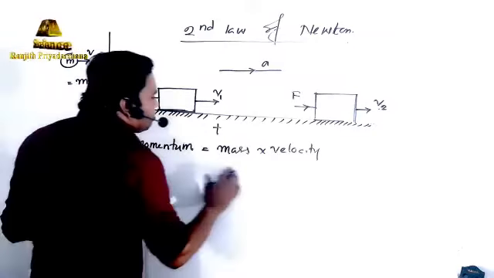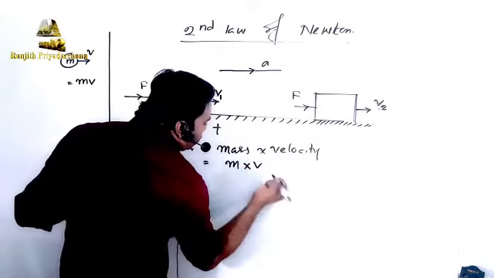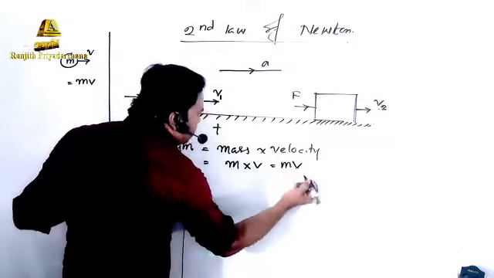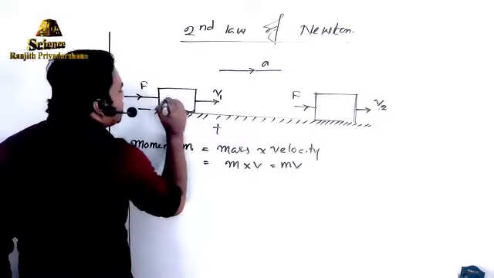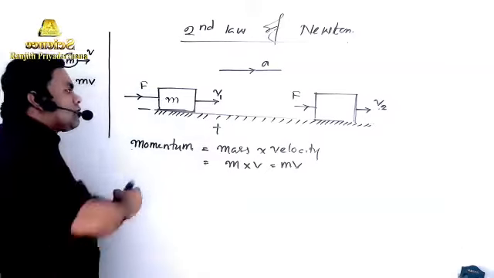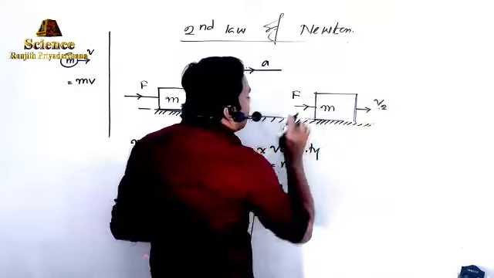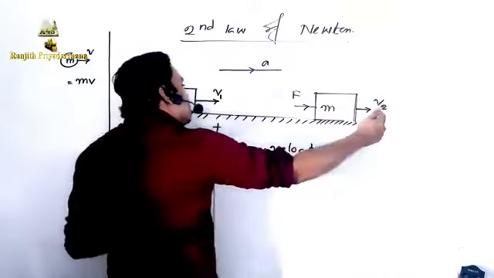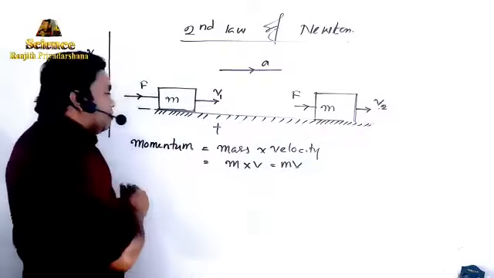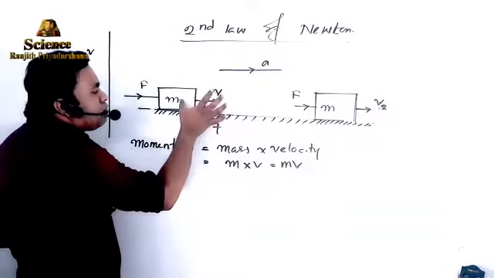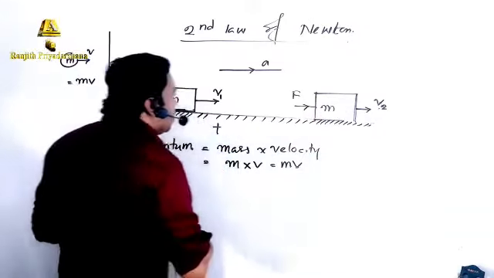Simply we can write mv. You can see initially this object of mass m is moving with the velocity v1. Finally, under the acceleration, it has achieved its final velocity v2 after t seconds. Therefore, its initial momentum is mv1 and final momentum is mv2.